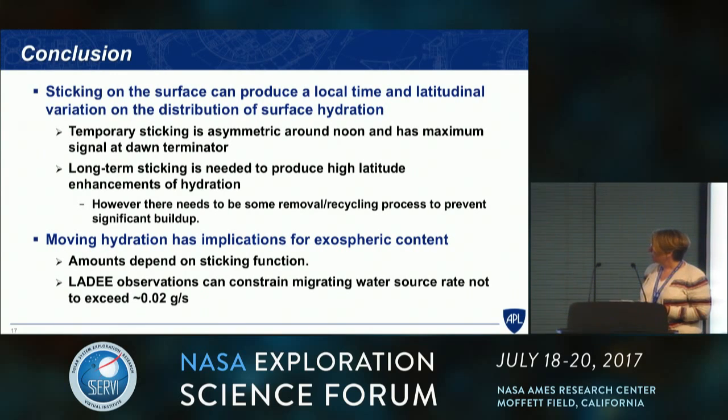And then if you have hydration that is mobile through the exosphere, that's going to imply some amount of water that's in the exosphere. And based on our LADEE measurements, we can constrain that source rate to less than 0.02 grams per second of water that's actually migrating through the exosphere.